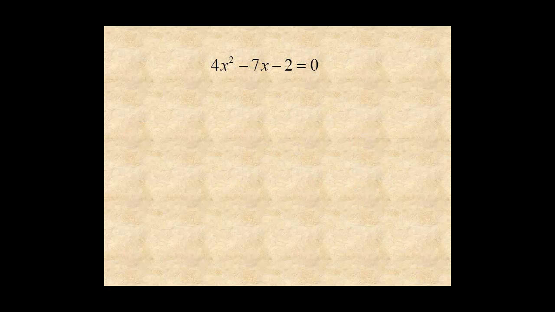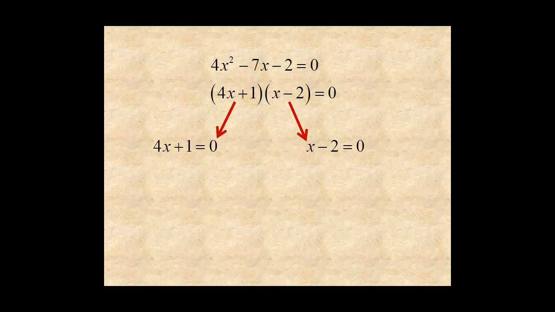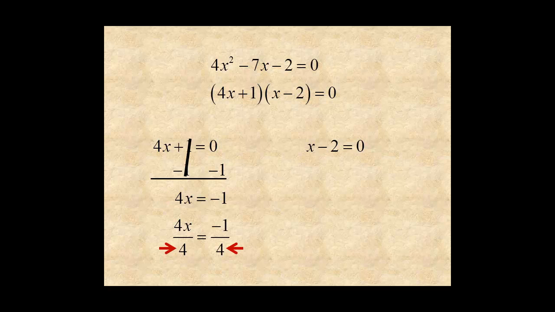For example, to solve this equation, begin by factoring the quadratic expression. Then set each factor equal to 0 and solve. For the first factor, subtract 1 from both sides for 4x equals negative 1. Then divide both sides by 4 for x equal negative 1 over 4.